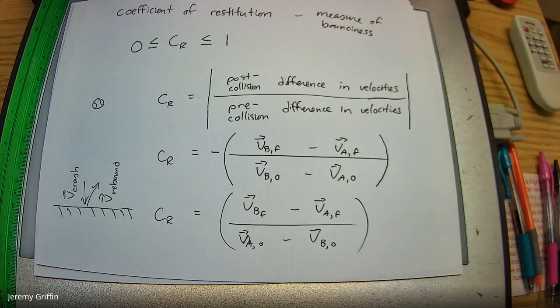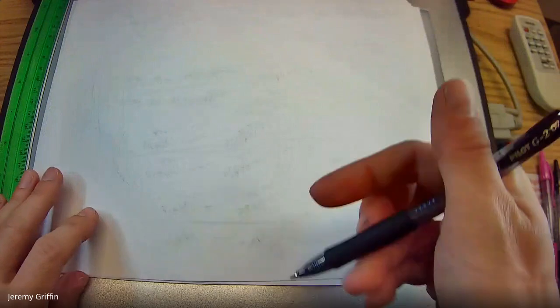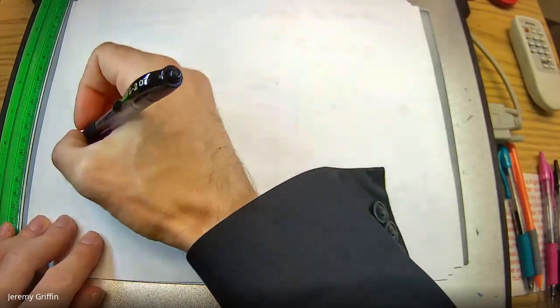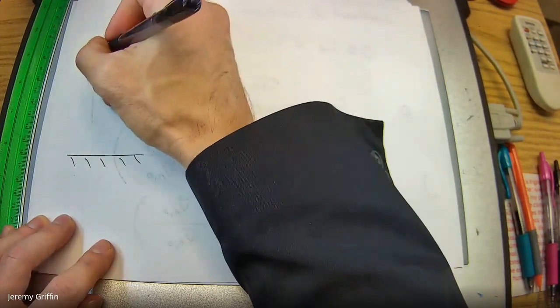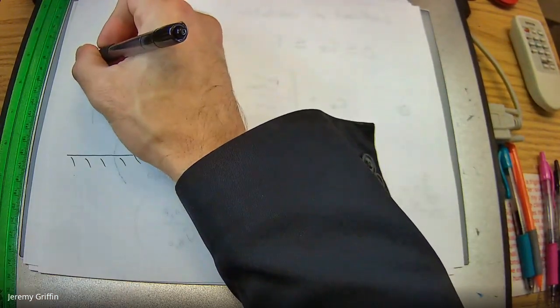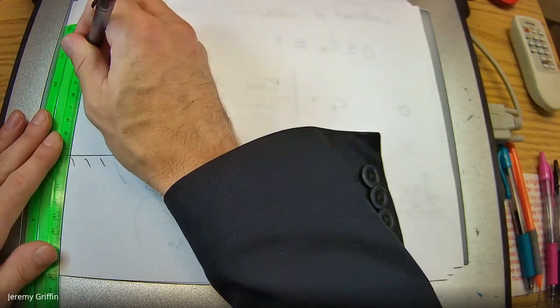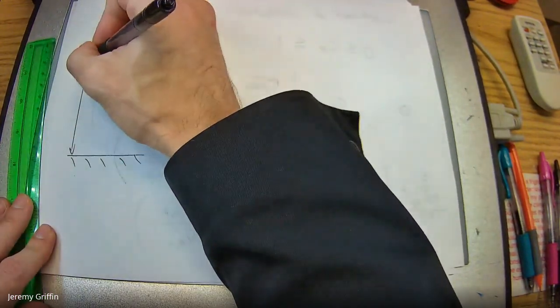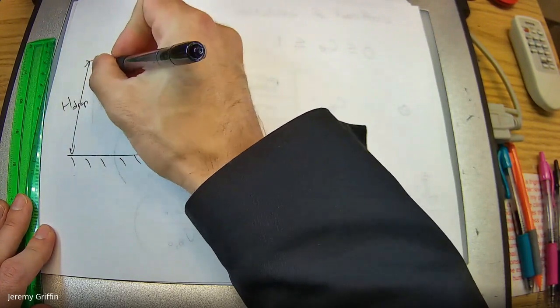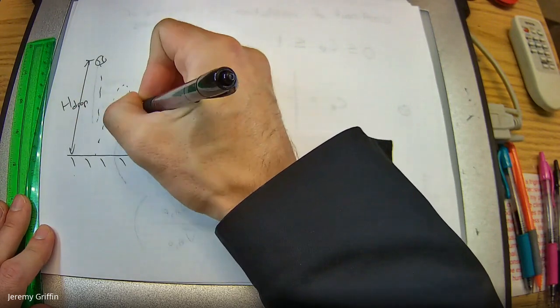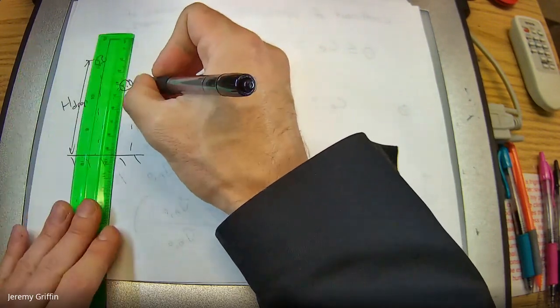There is an alternate way of thinking about coefficient of restitution, using that story I just showed you of bouncing a ball off the floor, based on the rebound height versus the drop height. I'm going to have you do this as a lab sometime in the next couple of weeks. So I'll use capital H for the drop height, and then the ball is going to go boing and rebound up to probably a height that's not as tall.